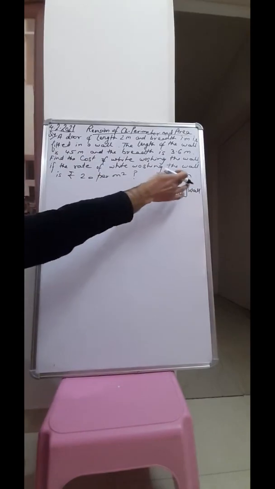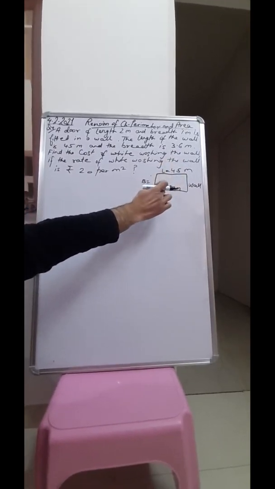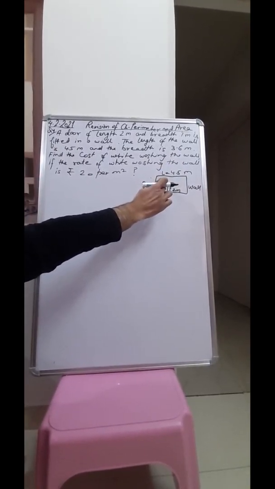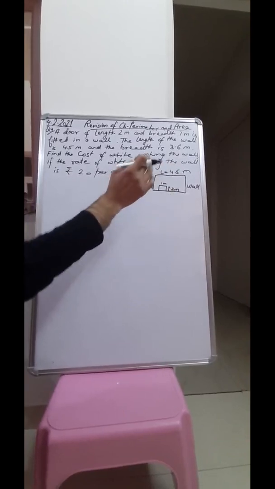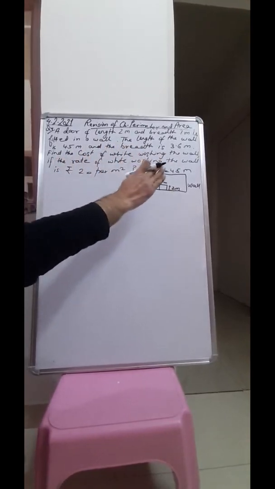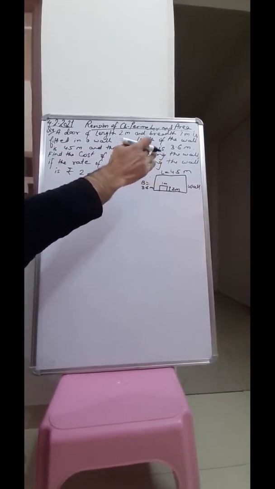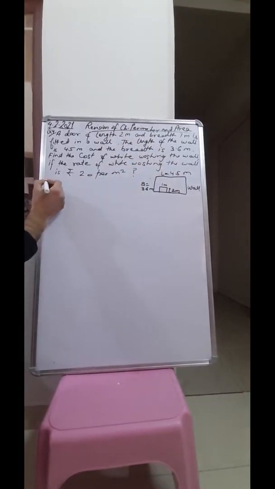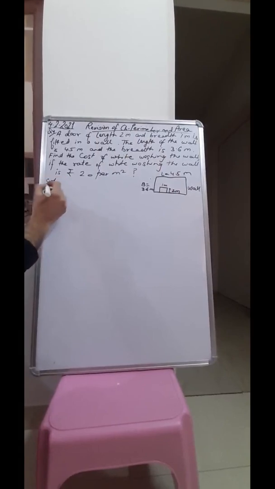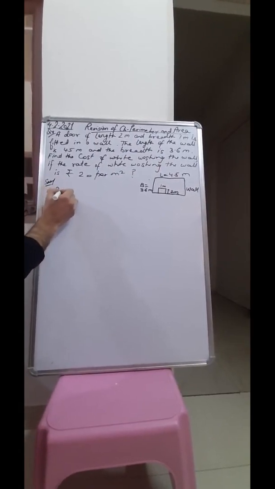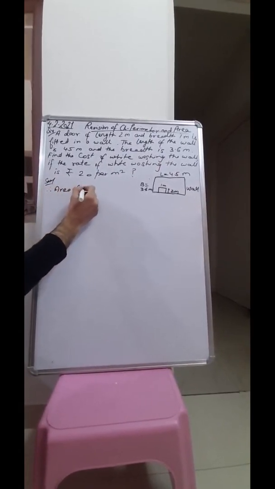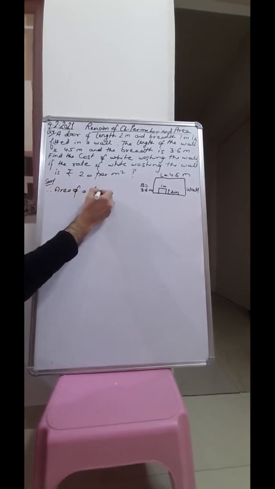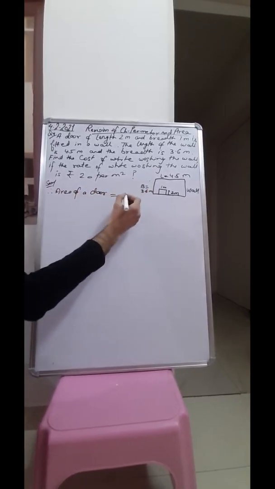That means this wall is covering a door also. So first we are going to find out only the area we are going to whitewash, the wall part. So first solution, we are going to find out the area of a door.